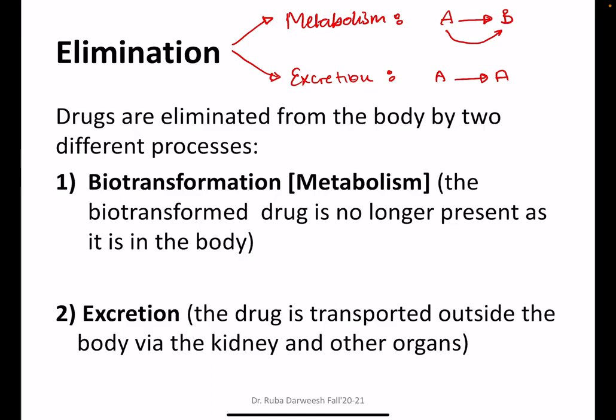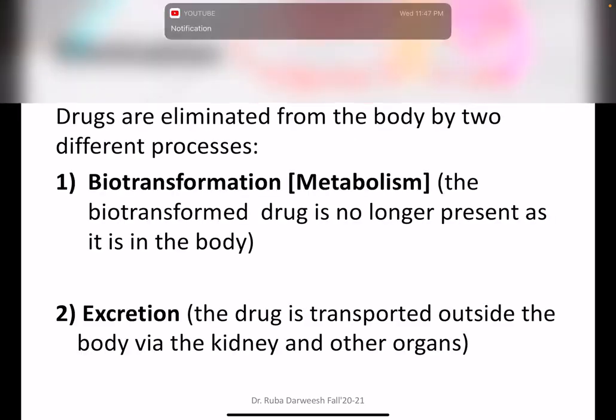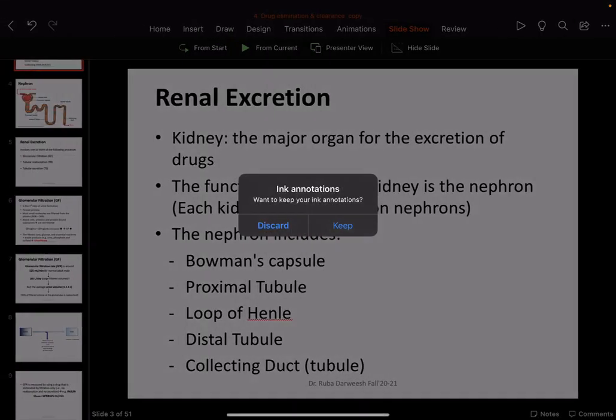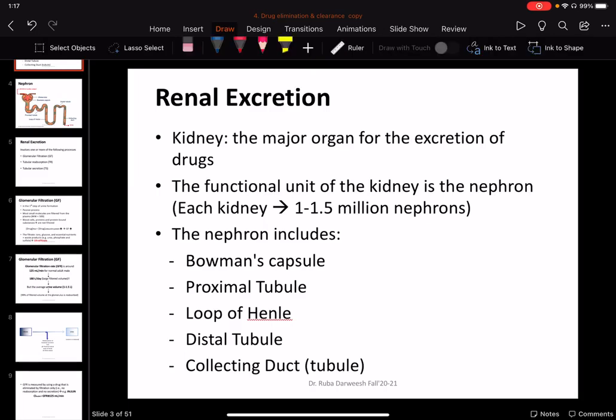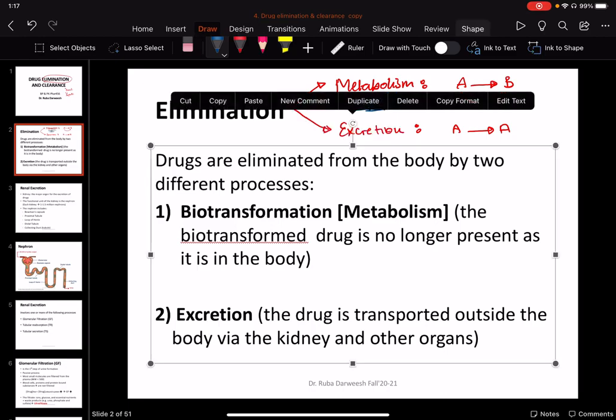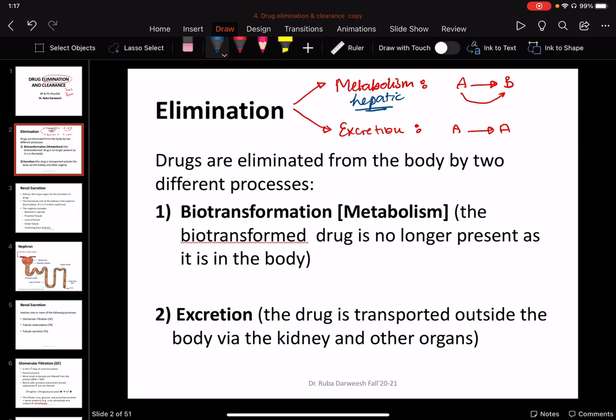And we know that the metabolism is mainly happening in the hepatic system or the liver, the majority of it, and the majority of excretion is happening in the renal system or kidneys.